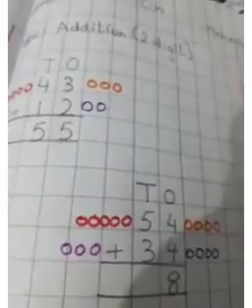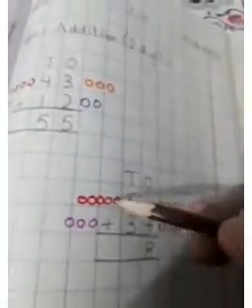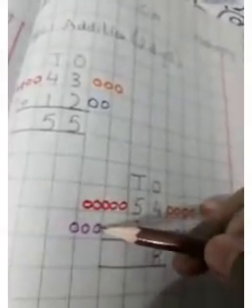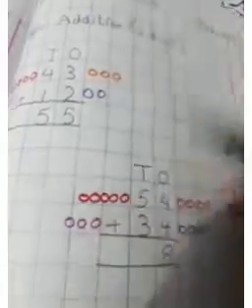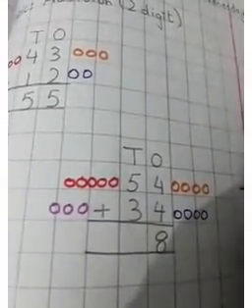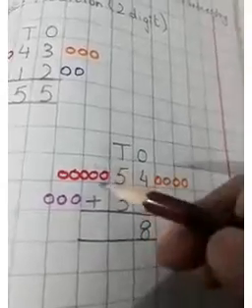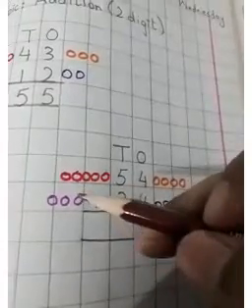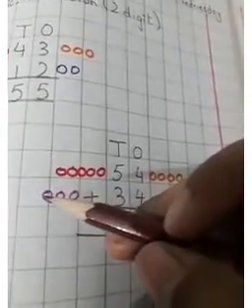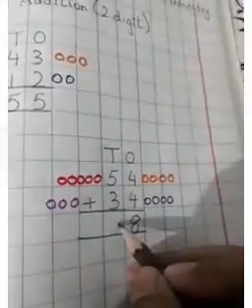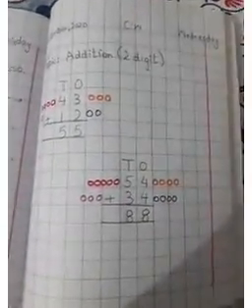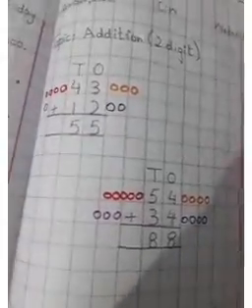So let's count them all together. 1, 2, 3, 4, 5, 6, 7, 8. So 5 plus 3 is 8. So this is the work of written work today. If you want to practice it more, you can do it.